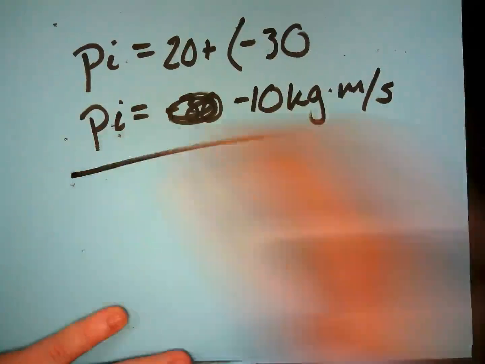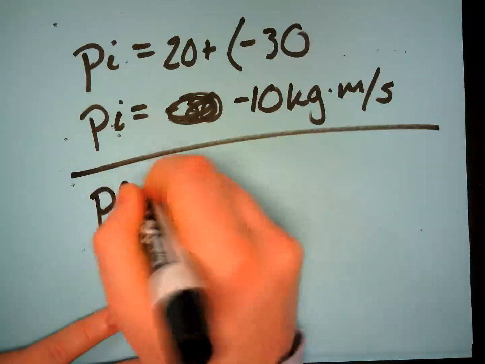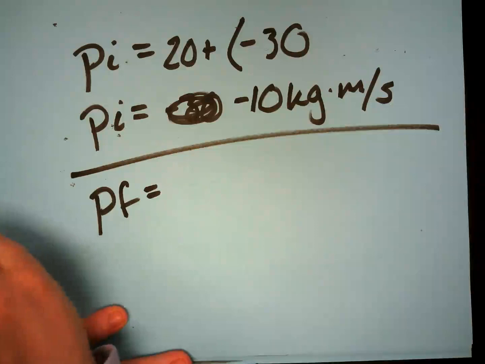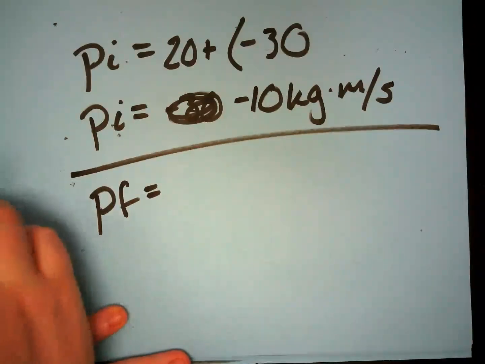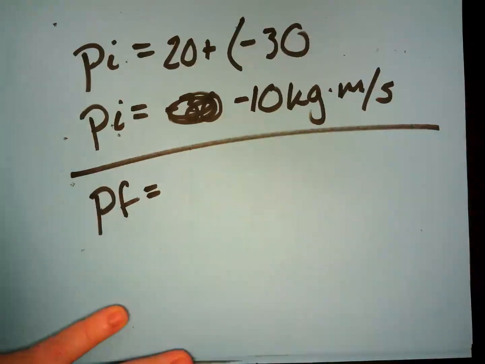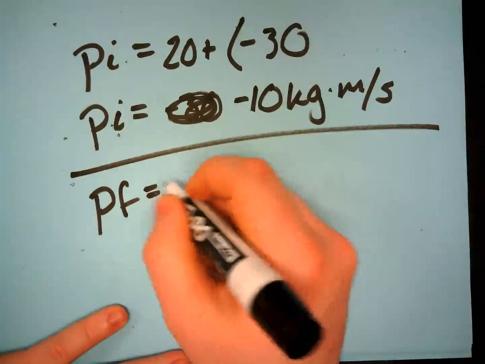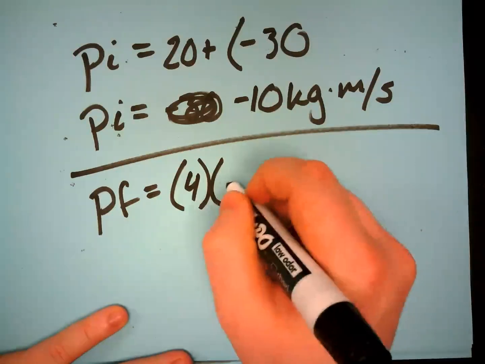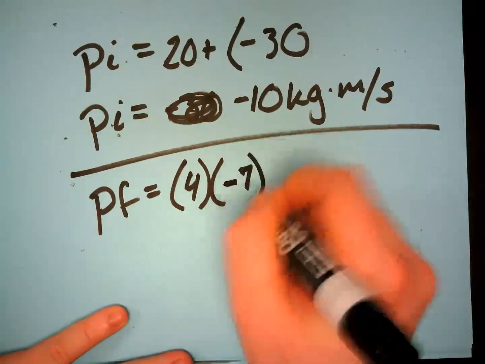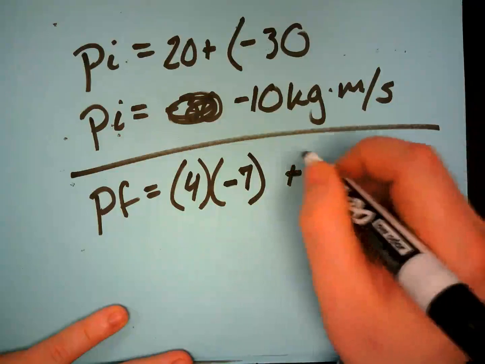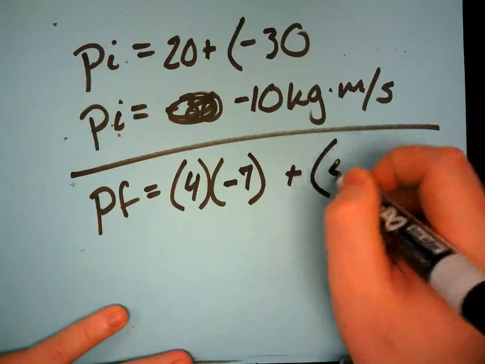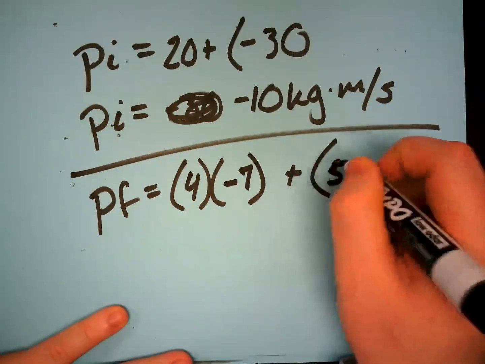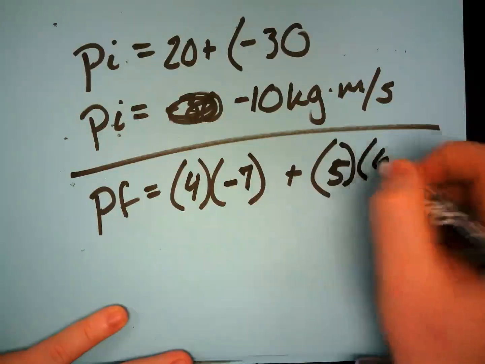So then let's see what our final should be. Our final should be, with the new velocities that we got, 4 times negative 7 plus positive 5 times 6.